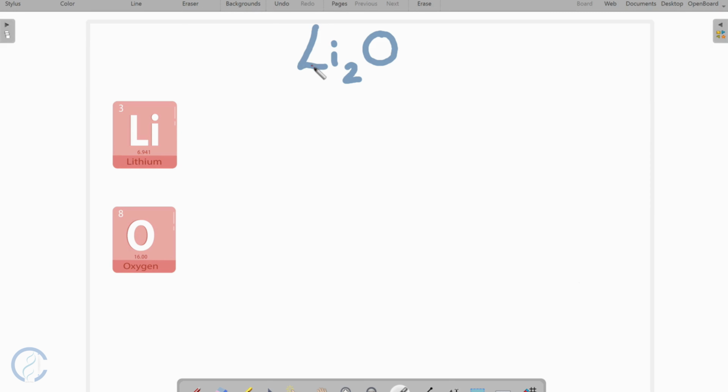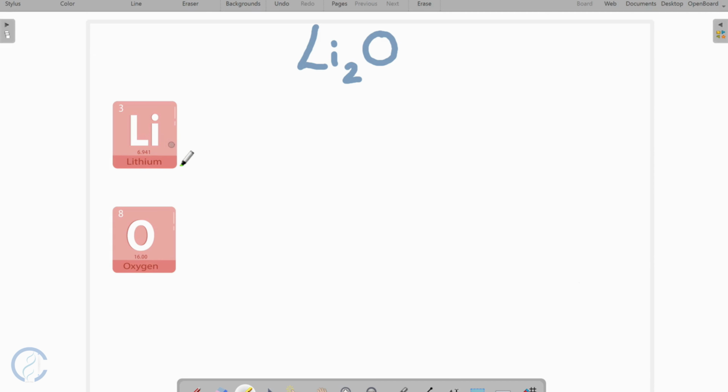In lithium oxide, the elements lithium and oxygen are present. The relative atomic mass of lithium is 6.941, and the relative atomic mass of oxygen is 16.00, or just 16. In the formula, there are 2 atoms of lithium and just 1 atom of oxygen.